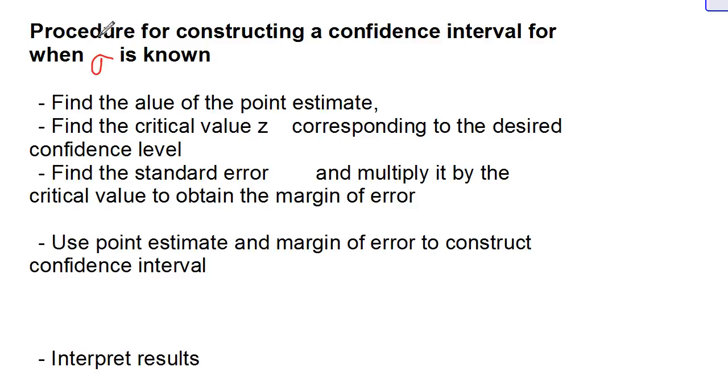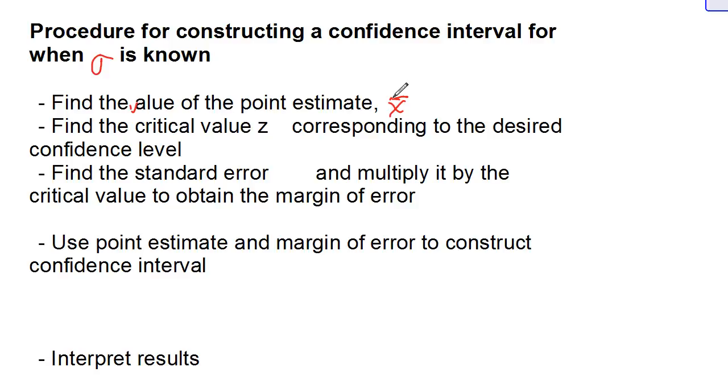First, we want to find the value of the point estimate. And that point estimate in this case is x bar, our sample mean. If we don't know our sample mean, we calculate our sample mean. We'll be given that information.